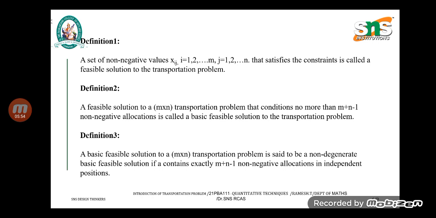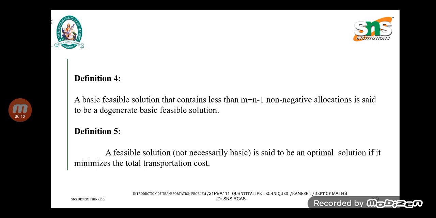Next one. A basic feasible solution to an m by n transportation problem is said to be a non-degenerate basic feasible solution if it contains exactly m plus n minus 1 non-negative allocations in independent positions. Next one. A basic feasible solution that contains fewer than m plus n minus 1 non-negative allocations is said to be a degenerate feasible solution.